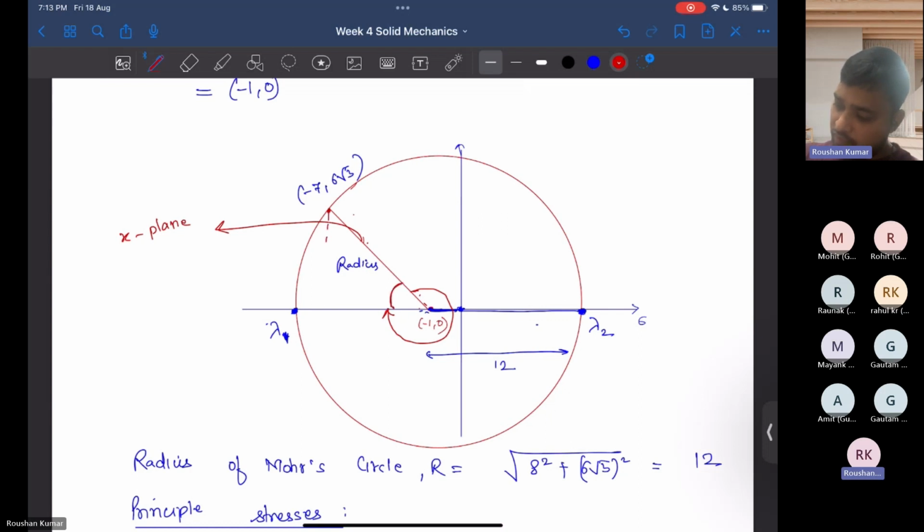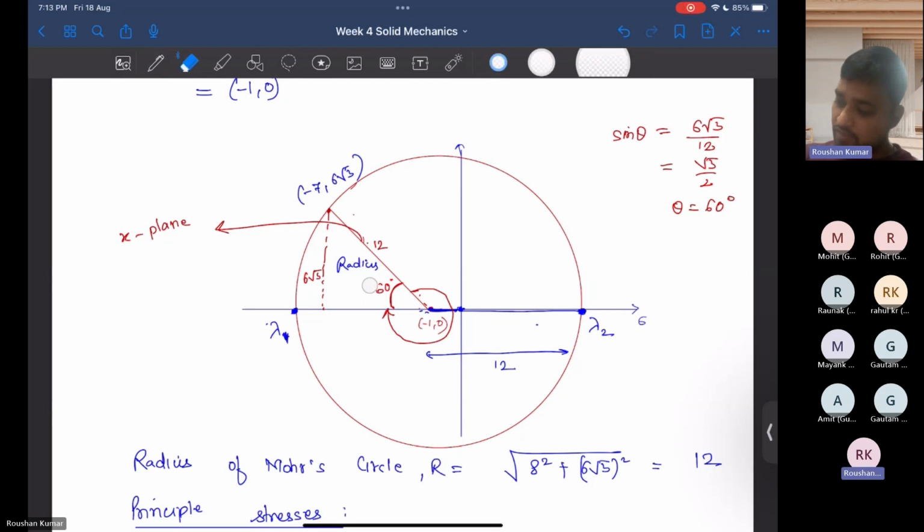We can find it out. This is basically 12 units and this is 6 root 3. So sine theta is 6 root 3 upon 12, that is root 3 by 2. So theta here is 60 degree.